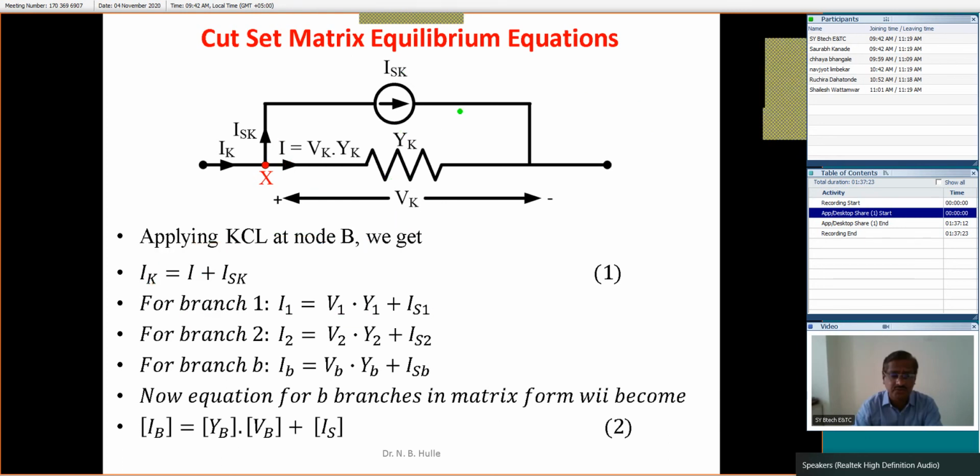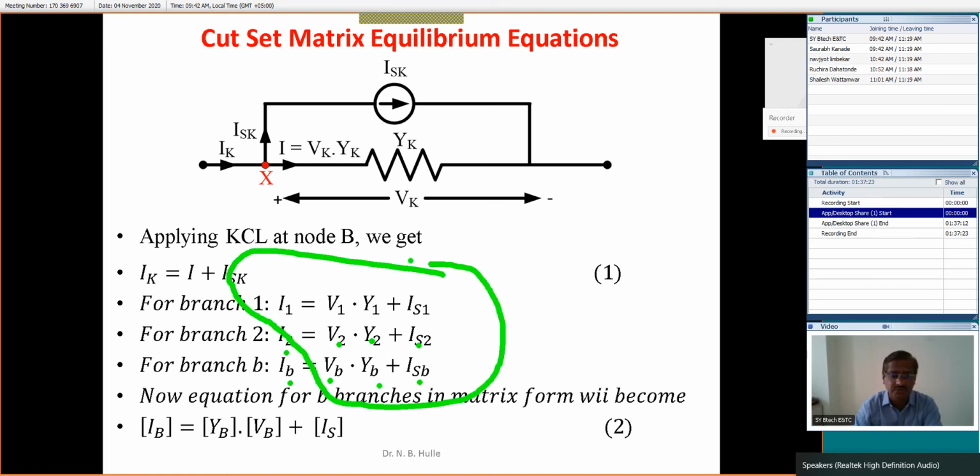In the similar way, for branch number 2, I2 is equal to V2 Y2 plus IS2, and for the B-th branch, it will be VB YB plus ISB. And if we are arranging all these equations in the matrix form, I1, I2, I3, I4 are the branch currents, which is IB.